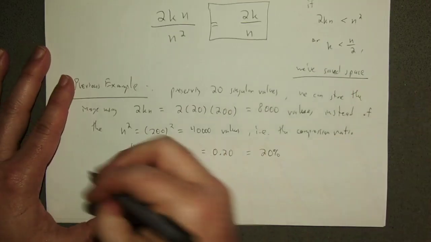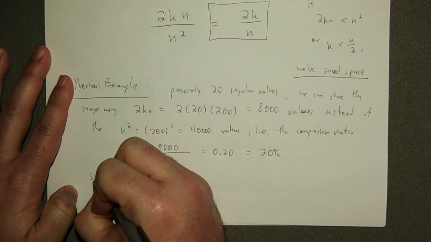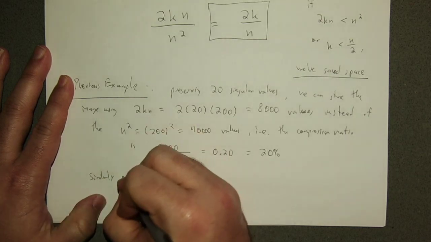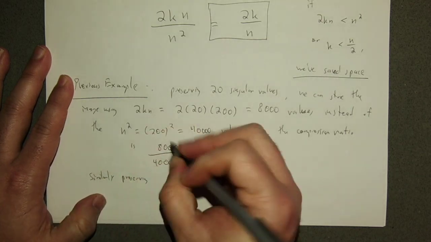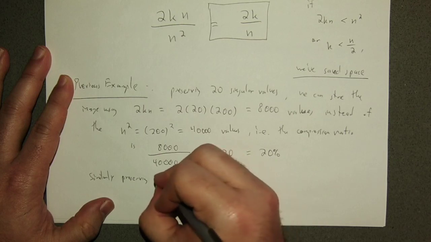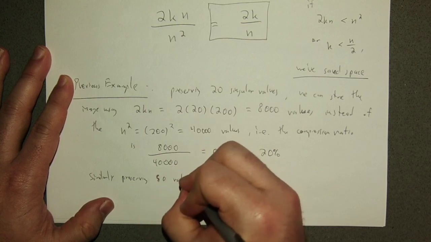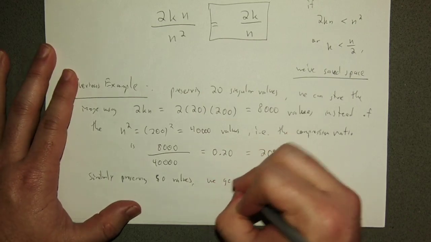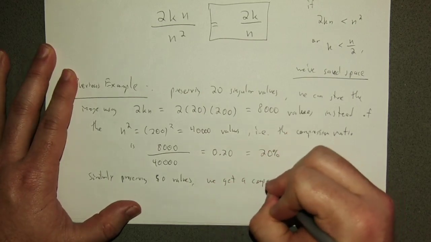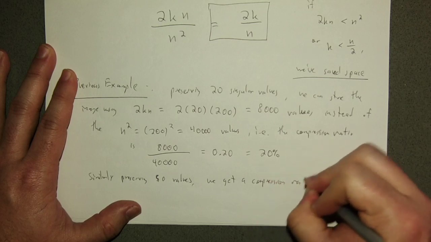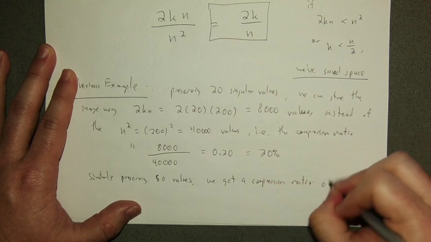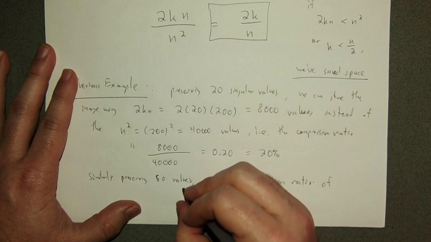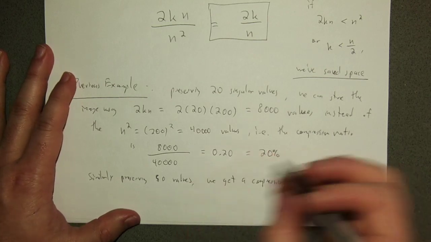Okay, similarly, preserving 50 values, we get a compression ratio of, so saving 50 values, computing 2kn.